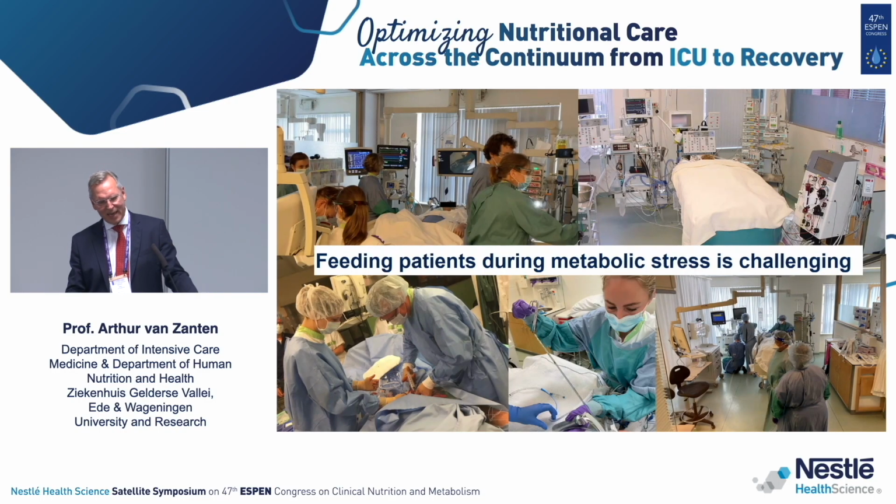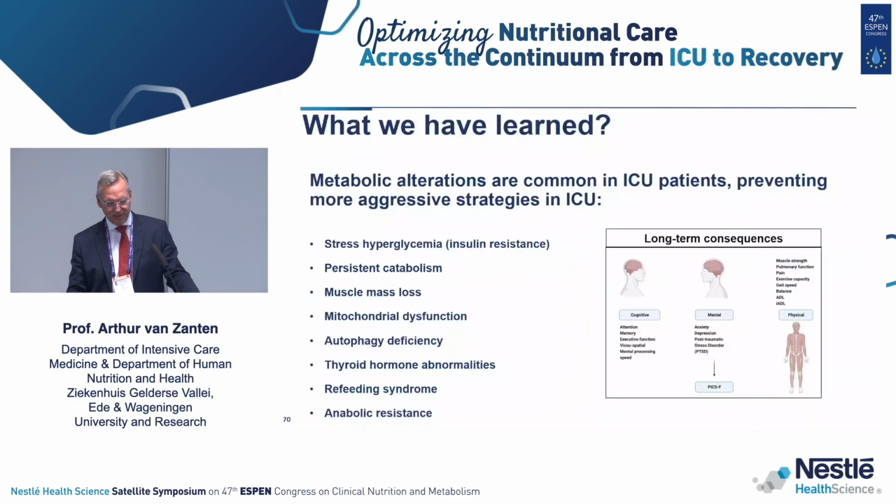Because feeding in the ICU during metabolic stress is challenging, is not very helpful, and we have this myriad of reasons why it doesn't work: insulin resistance, catabolism, mitochondrial dysfunction, autophagy suppression, thyroid hormone abnormalities, refeeding syndrome, anabolic resistance. So we cannot feed more in the ICU.